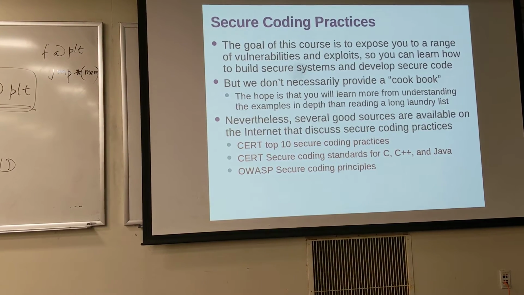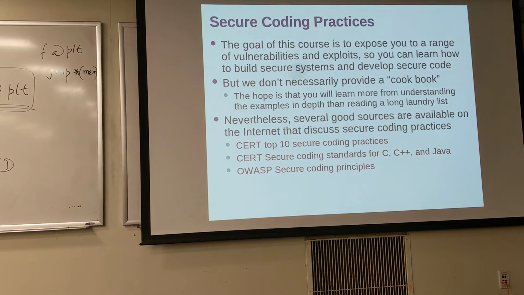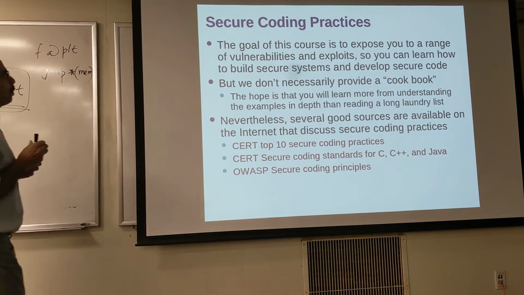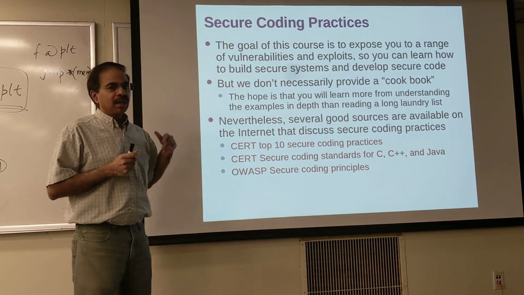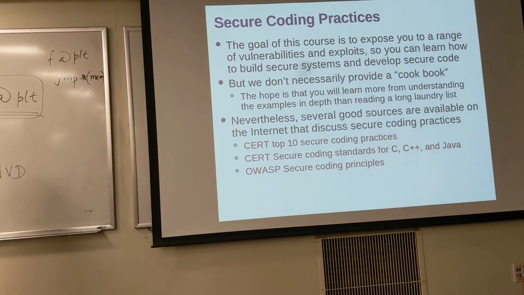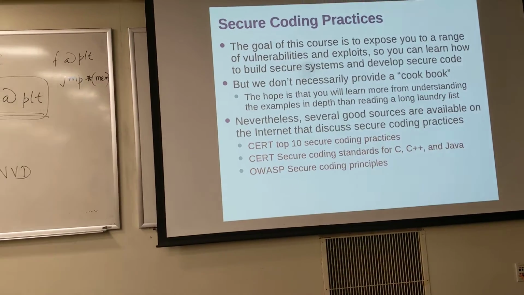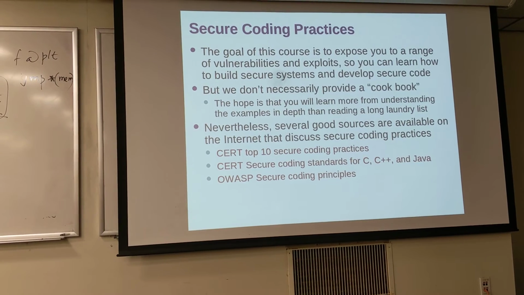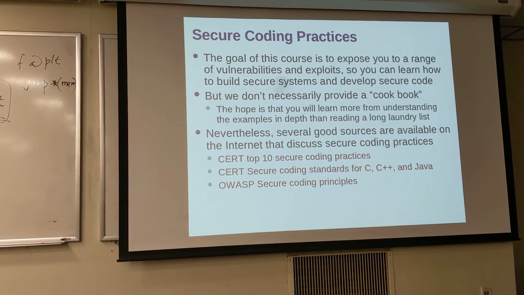so I'm not going to give you a cookbook for how to write secure code. The hope is that when we look at many of these attacks and examples, that tells you the things to avoid, right?